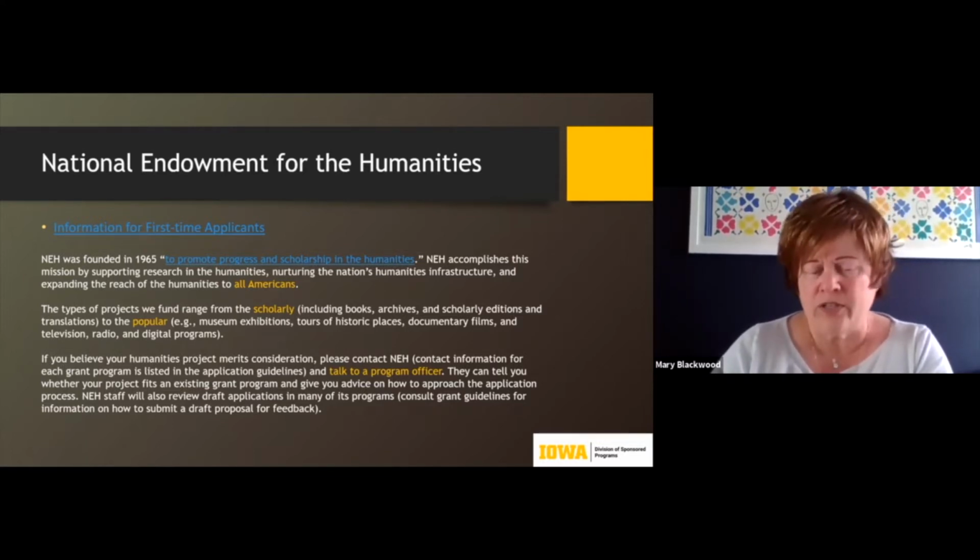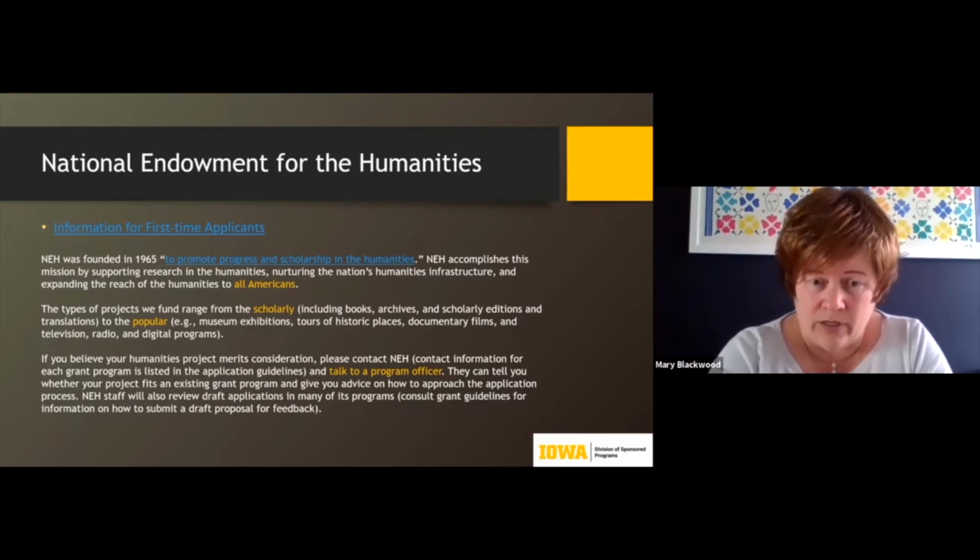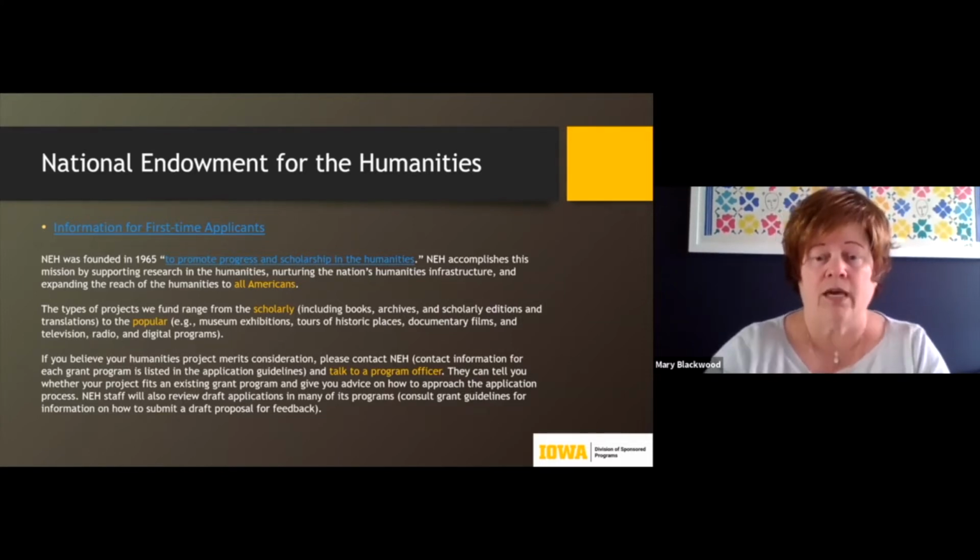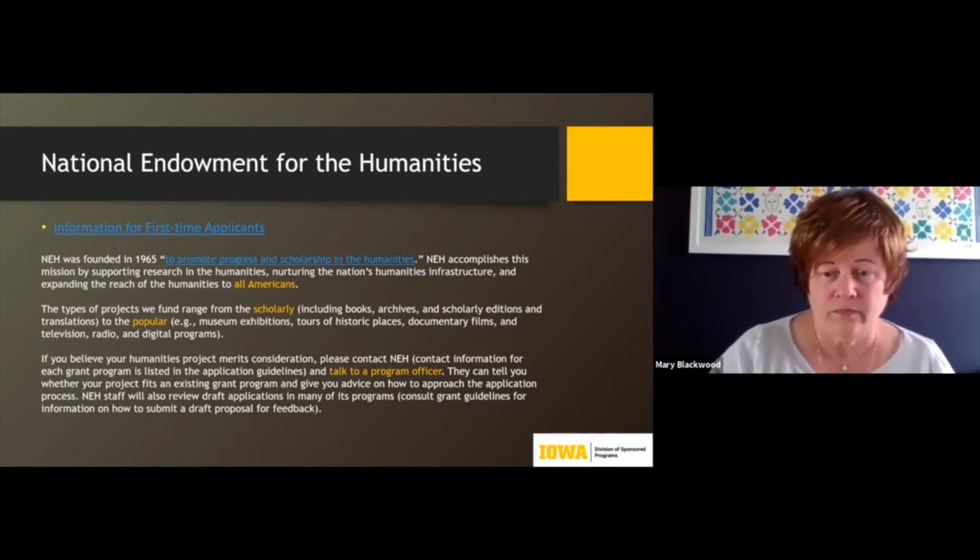Do you think that my project fits with this? They will have a chat with you, maybe give you some ideas about how to target it more towards the opportunity. And there are a lot of sponsors that will do this. They're excited to see what you've got for them, and they want to give you a chance to get an award.